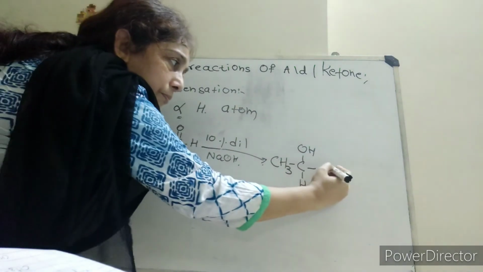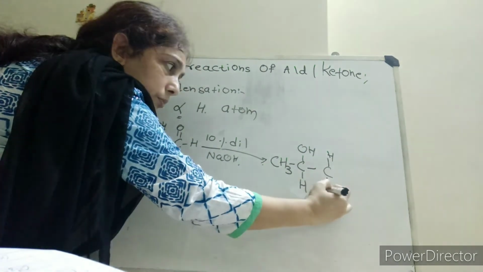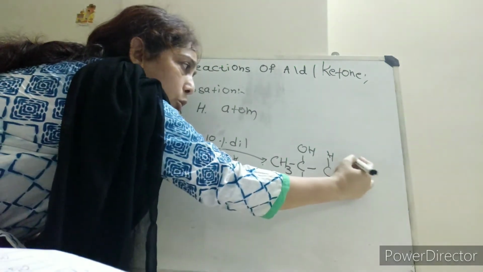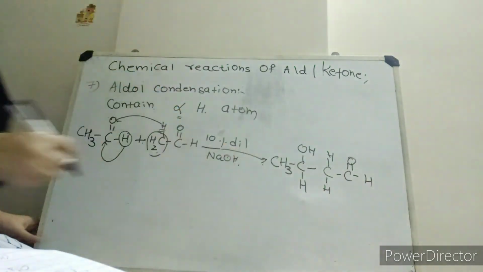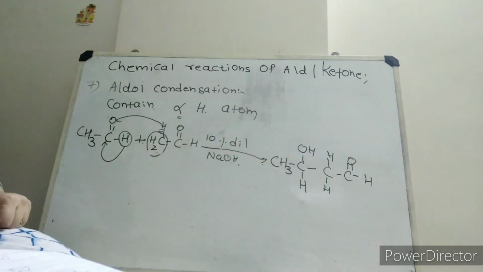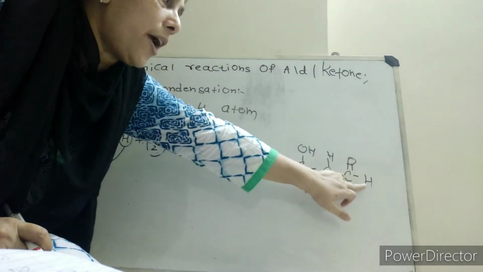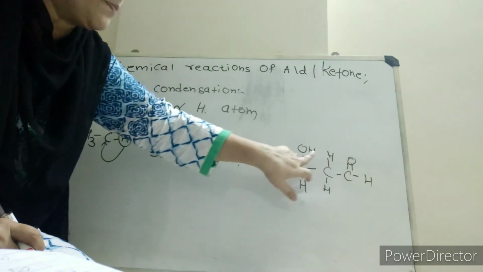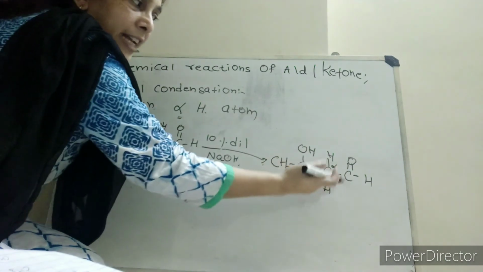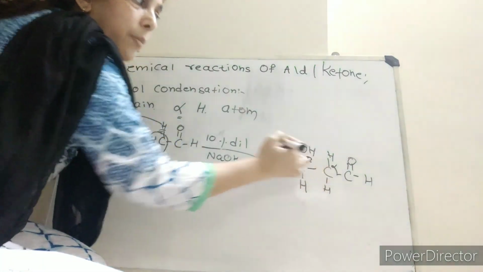So CH2. We can write it this way also, in bifurcated form, C double bond O and H. Now see this formula. In this COH, the aldehyde group is there, and this is the alpha carbon atom. Next to the alpha is known as the beta carbon atom.